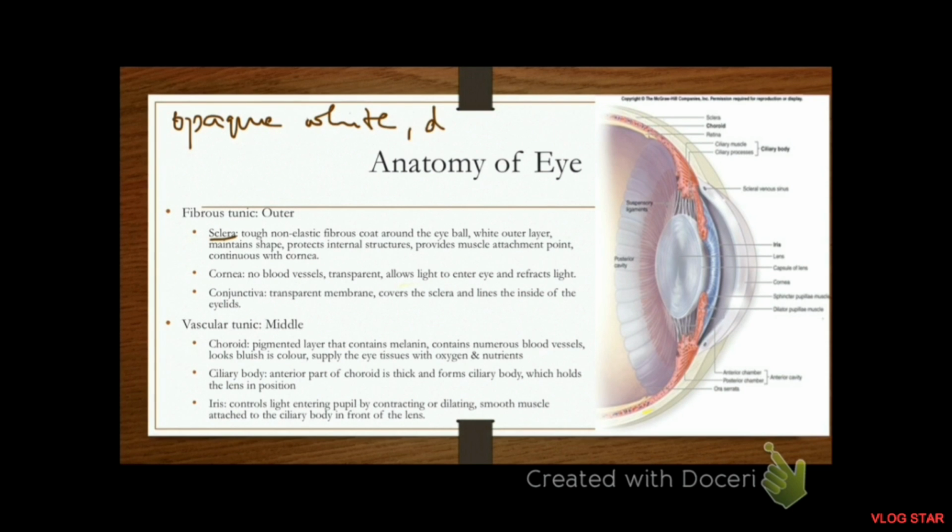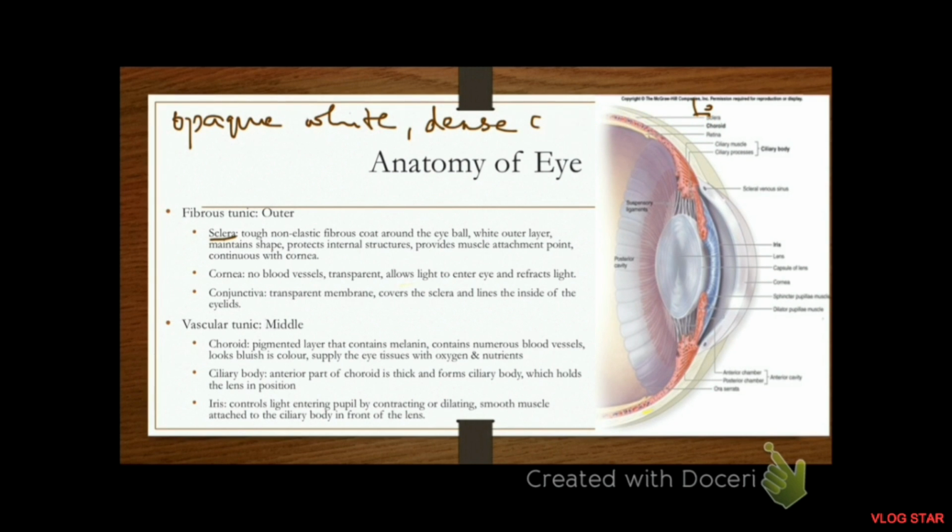So it is made up of dense connective tissue. So that is the sclera, right? You can see here.